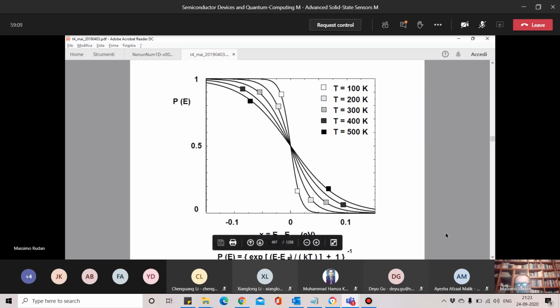Also remember, the Fermi statistics can be calculated only in the condition of thermodynamic equilibrium. And also the definition of the Fermi level is well posed only in the condition of thermodynamic equilibrium, as well as temperature.